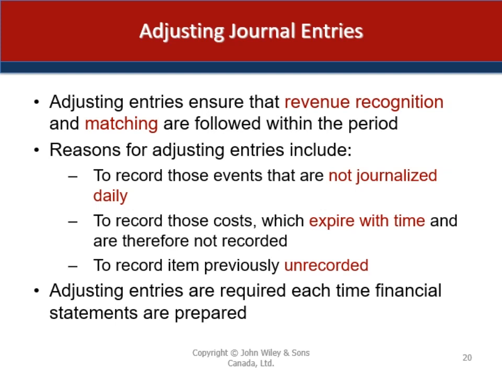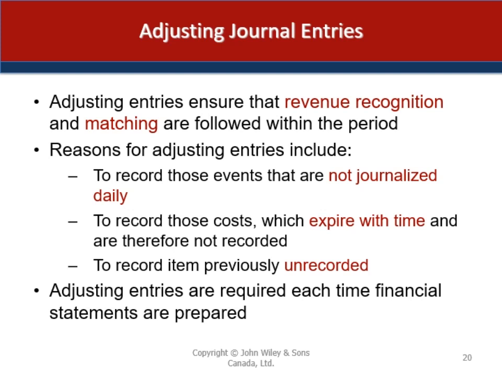Some costs just expire with time, so things like prepaid expenses. At the end of the year, we've used up some of the balance. There's no cash transaction at that point to require an adjustment, and so as a result, we wouldn't normally adjust them as a result of a cash transaction.